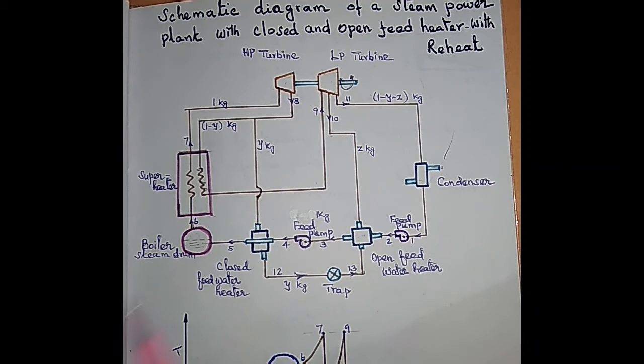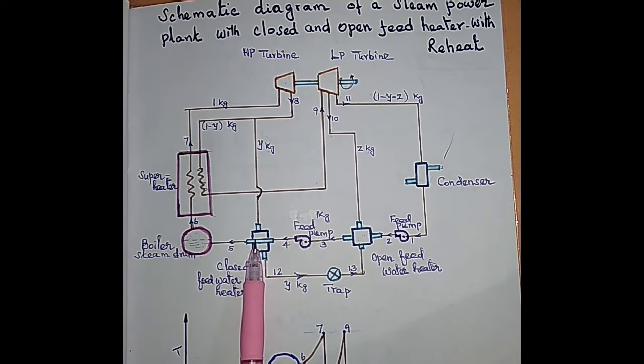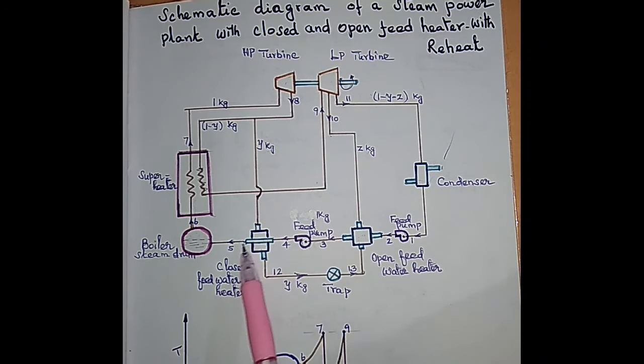Here it will not mix up. It is similar to a shell and tube type of heat exchanger wherein the feed water passes through the tubes, and surrounding the tubes in the shell, the steam which is bled is heating the feed water which is passed through the tubes.